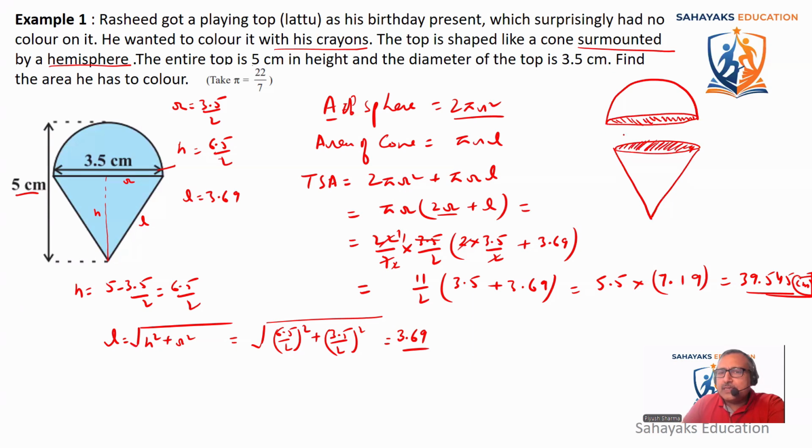So don't just memorize the formula and do it. The total surface area of a hemisphere comes out to be 3 pi r square, because 2 pi r square for the curved surface and a single pi r square for the flat surface. So don't just compute it on the basis of the formula you remember.